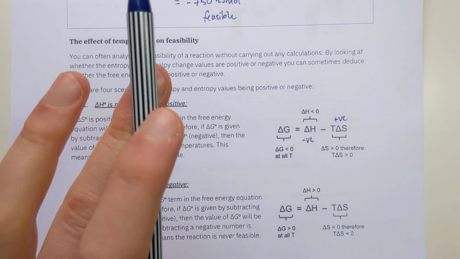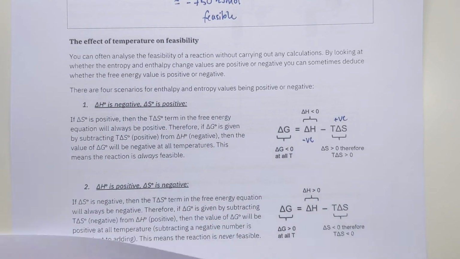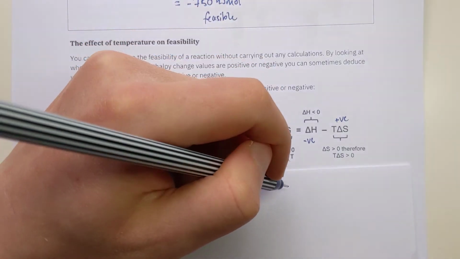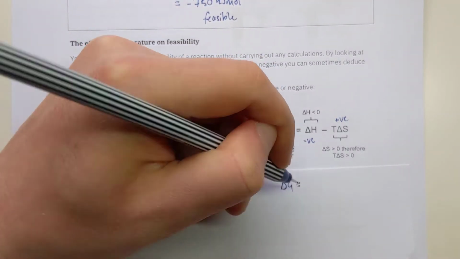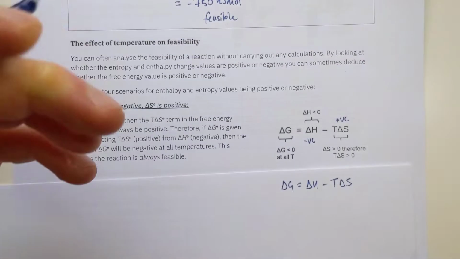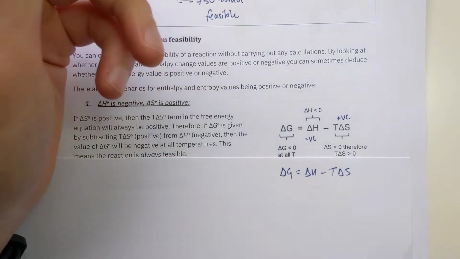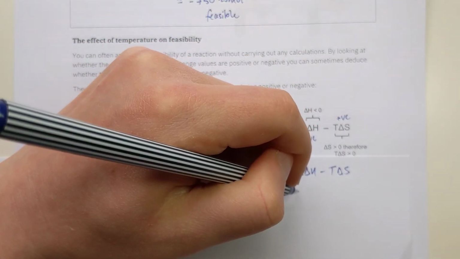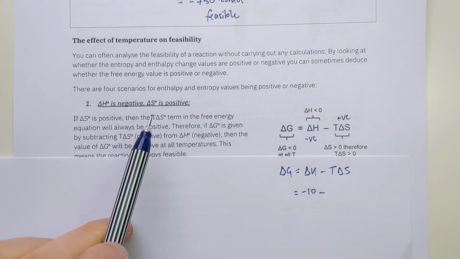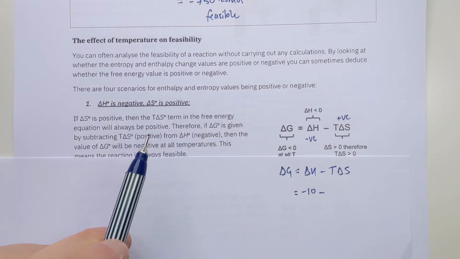Again, you might pick that up very quickly, but for some people it might be a bit harder. Another way of looking at it is to make up some numbers, hypothetically. Delta G equals delta H minus T delta S, and I'll pick really simple made up numbers. Imagine delta H is minus 10, and delta S is plus 10.